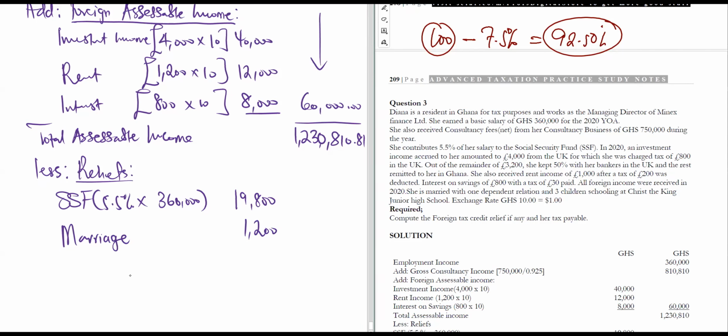Then aged dependents. Before it was 100 per dependent. Now it's 1,000 per dependent. Child education. How many children did she have? 3, all attending recognized schools.